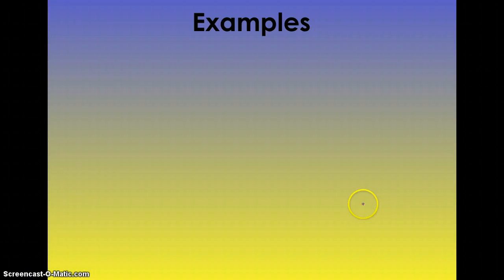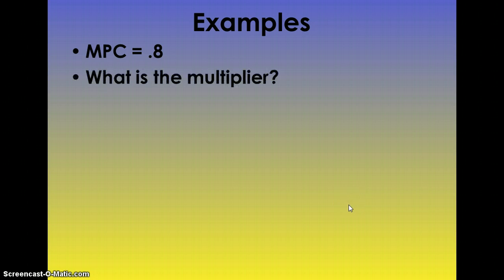So let's take a closer look. If the MPC is 0.8, then what is the multiplier? Well, let's go back. If the MPC is 0.8, then our MPS is going to have to be 0.2, because remember, MPC + MPS equals 1.